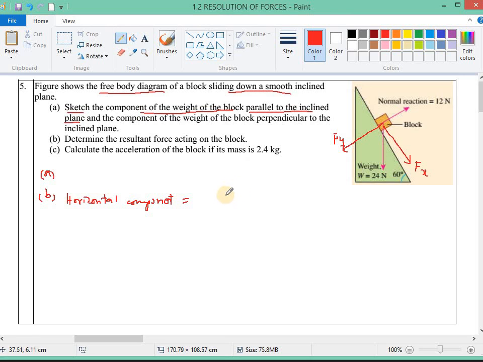So we need to calculate the Fx. So this is 60 degree, then over here is also 60 degree. Here 60, here 60.